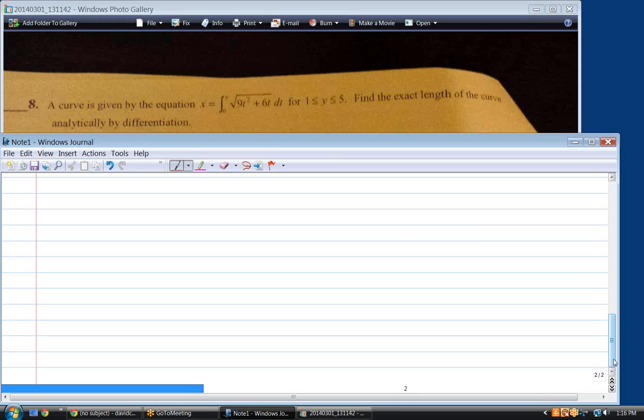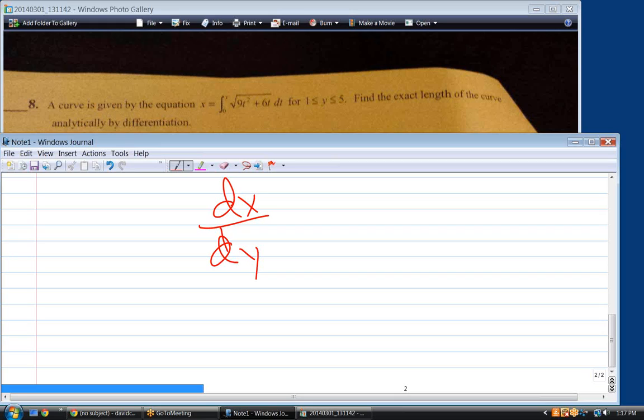Well, the way I'm going to approach this is I know we need dx dy. We know that with arc length we need to find either dx dy or dy dx. Well, in this particular case, I can find dx dy pretty easily.